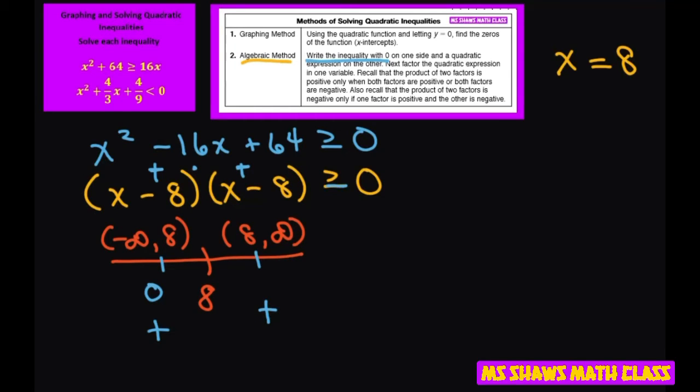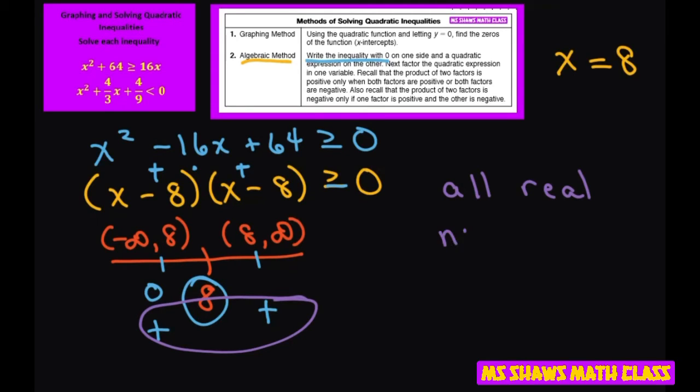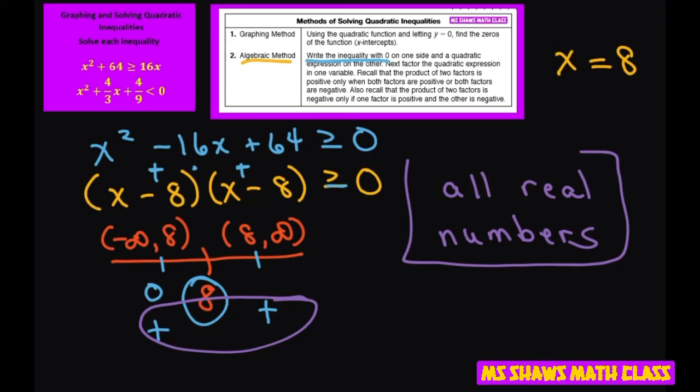It can also equal the 8. So in this case, every solution works. Every solution is going to give us positive. So we can just write all real numbers. All right, so all real numbers work for this.